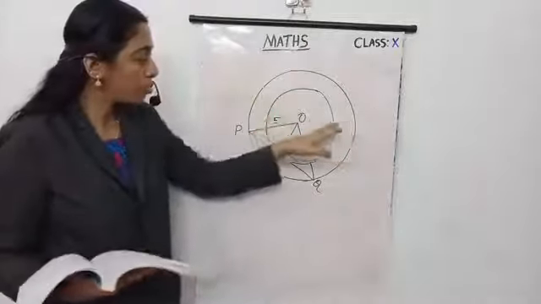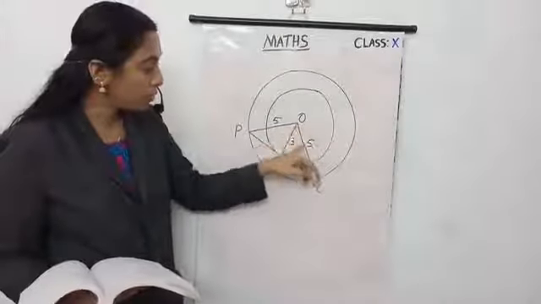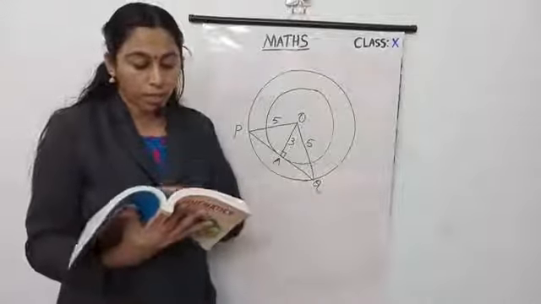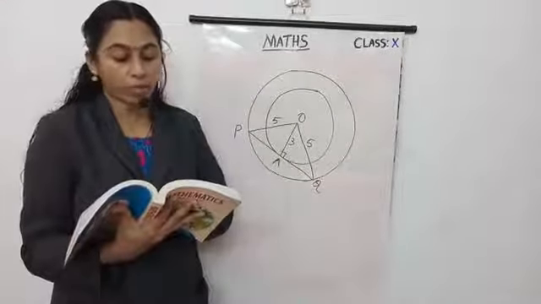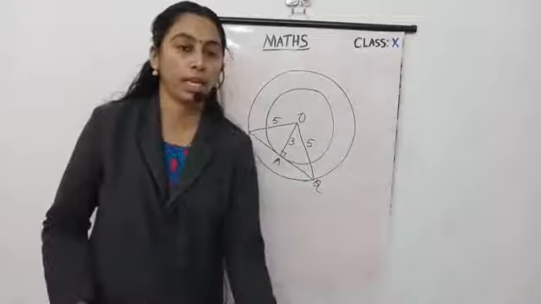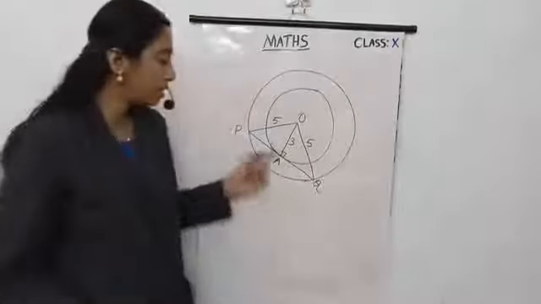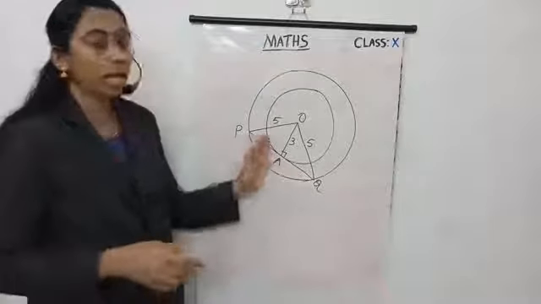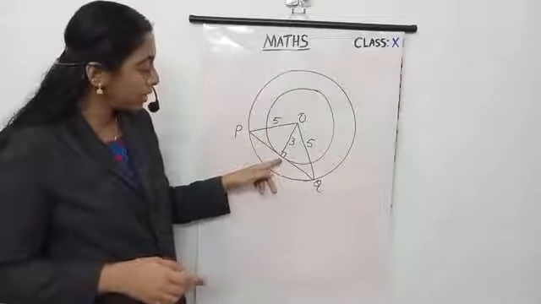So these are two concentric circles with radius 5 and radius 3. The chord of the large circle which touches the small circle is the tangent of the smaller circle, isn't it?